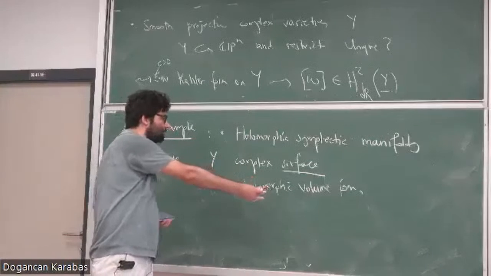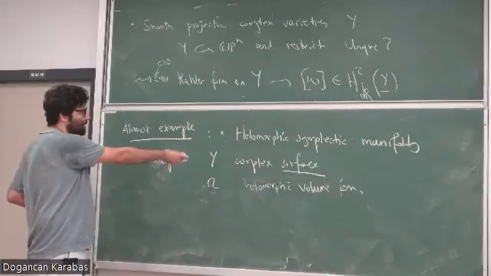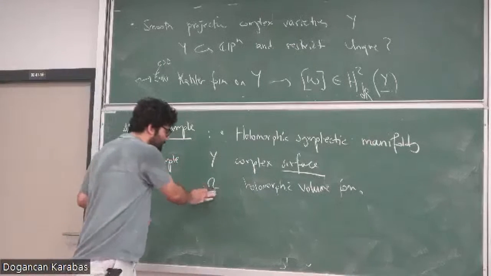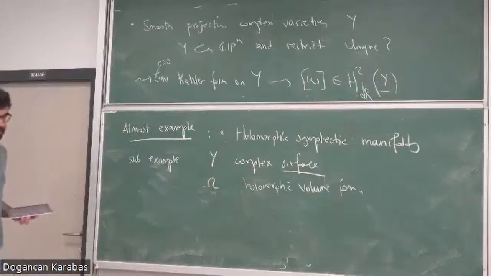Surface, and you have a holomorphic volume form on it. For example, if you have a Calabi-Yau surface, like a K3 surface or something like that, then you have this holomorphic symplectic structure. Okay.